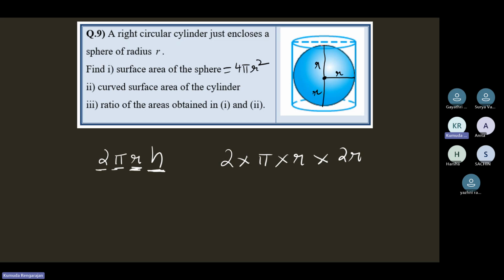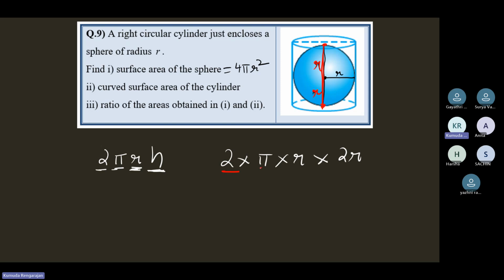This is the height of the cylinder, from here to here. Clearly the height of the cylinder is R plus R, 2r.